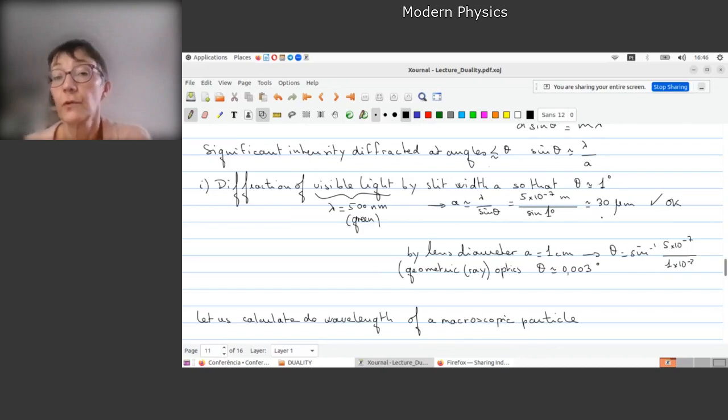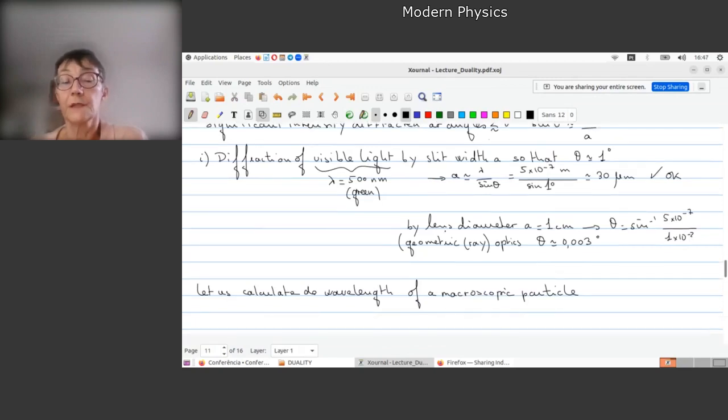So this is something you can do physically, particularly now. 100 micrometers is 1/10 of a millimeter. So these are things that we can think of doing physically. So you can observe diffraction of visible light with a physical aperture.